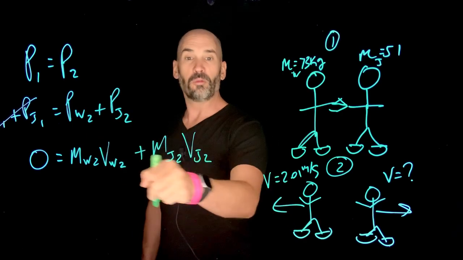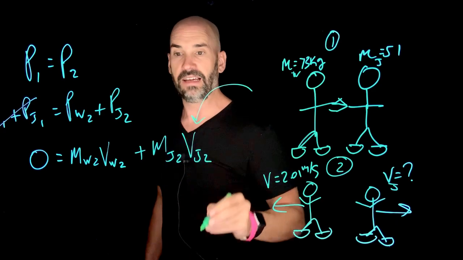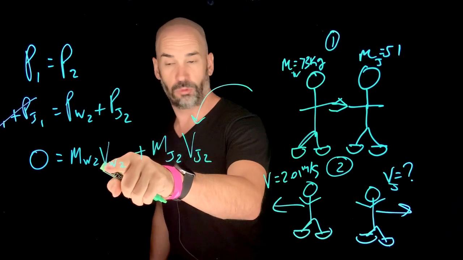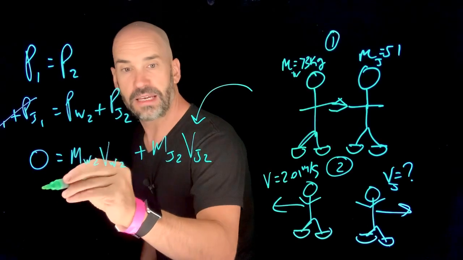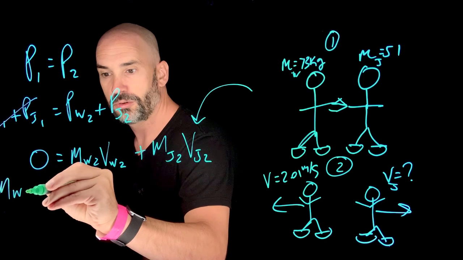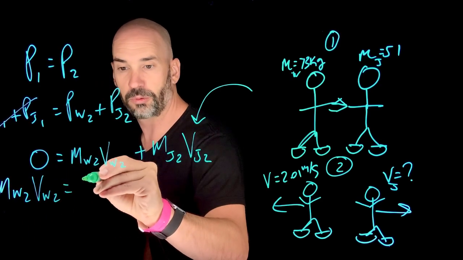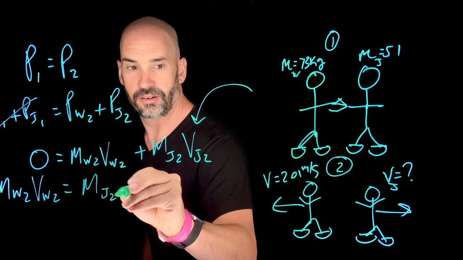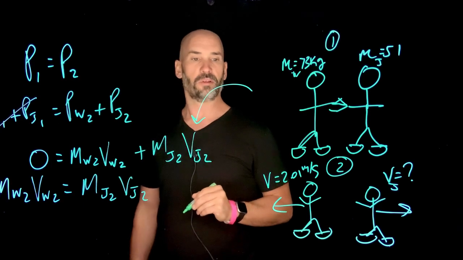Remember, this is what we're trying to find, because we know how fast Will Ferrell's going when he slides away. So this just means that negative m_W2, mass of Will Ferrell, times v_W2 must equal the mass of Jon Heder 2 times the velocity of Jon Heder 2. Okay?